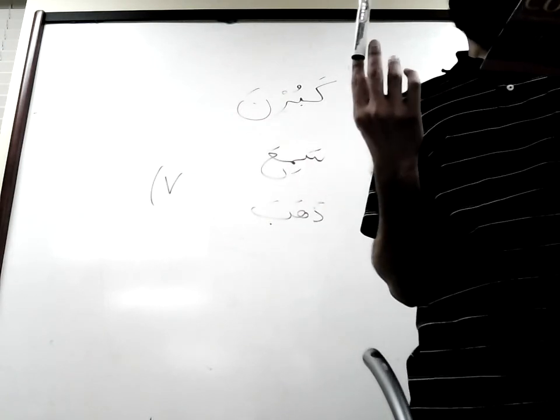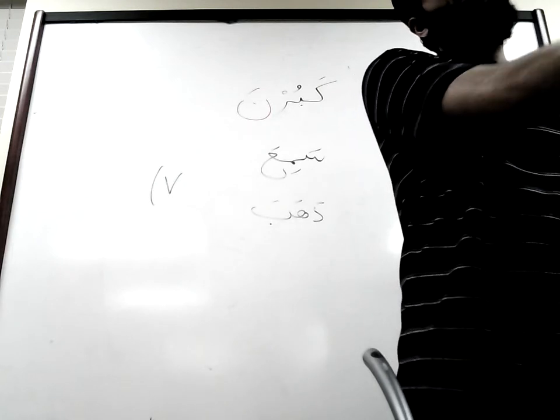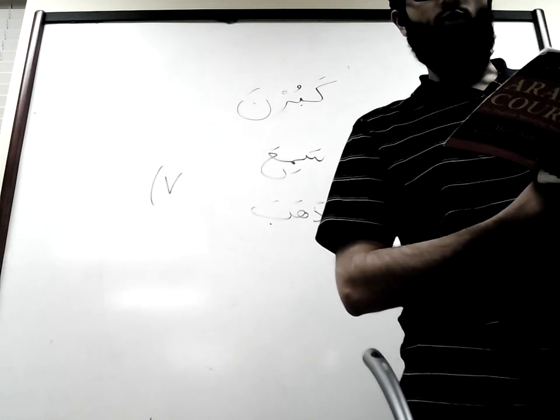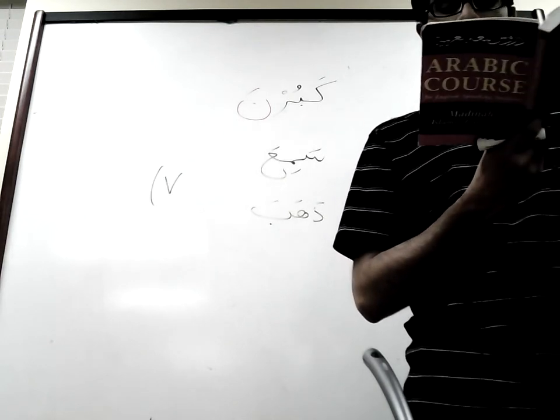Right. So generally, the rule is you read it and then you translate it in order. But in this case, it's more eloquent to say it the other way. Switch it around. Okay.